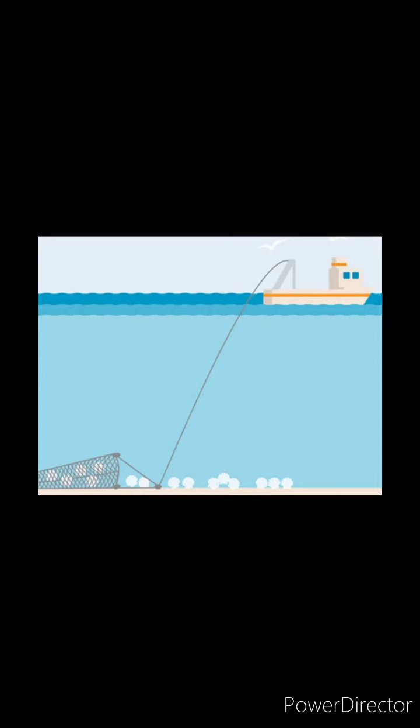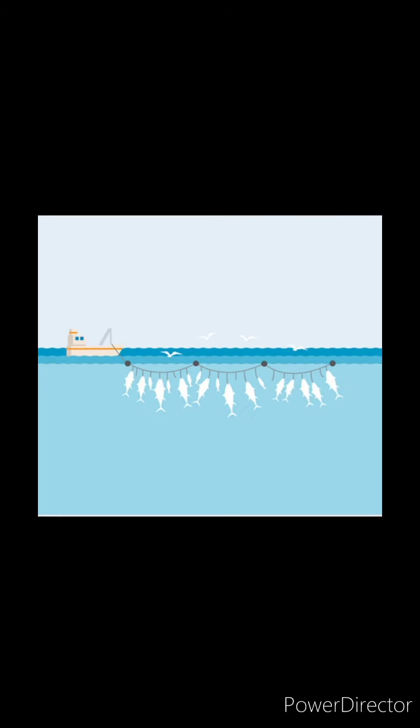So this is how demersal gear looks. It is just a different way of fishing. In a demersal gear, we fish from the bottom. So this is what demersal fishing looks like. And this is our pelagic gear.